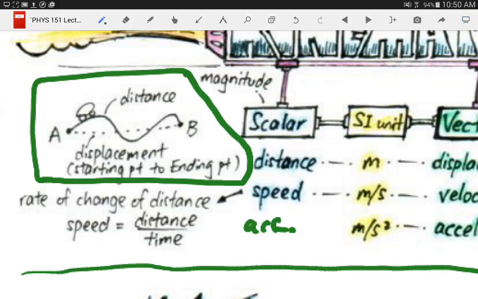I could have done a little ziggy-zaggy walk, and I get over here. The displacement was 3 meters again. But the distance was more because I walked in a circuitous route to get here.